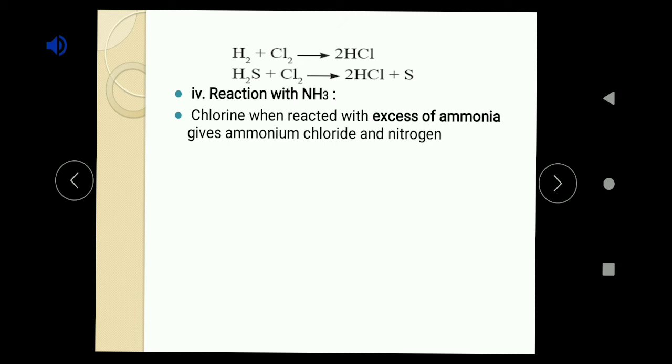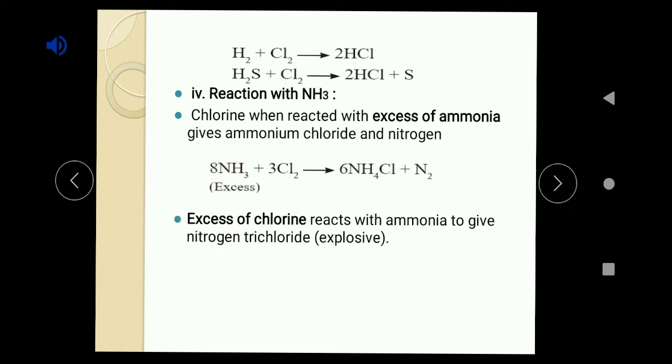When chlorine is treated with excess of ammonia, it gives ammonium chloride and nitrogen. But if we use excess of chlorine, then ammonia gives nitrogen trichloride along with HCl. That means with excess of chlorine the product is different, and with excess of ammonia the product is different. You have to remember that.